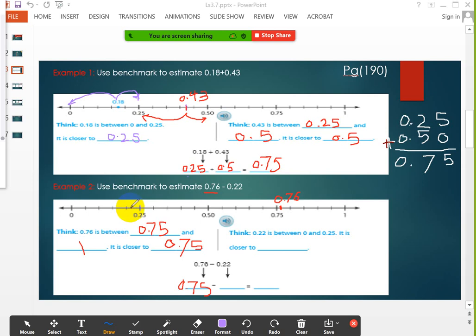Okay, I will change the color. This is 0.22. Now look at this point. Is it close to 0.25 or to 0? I think it's close to 0.25. So the closest answer, or the rounded number, will be 0.25. And this number becomes 0.25. Now I want to find the subtraction.